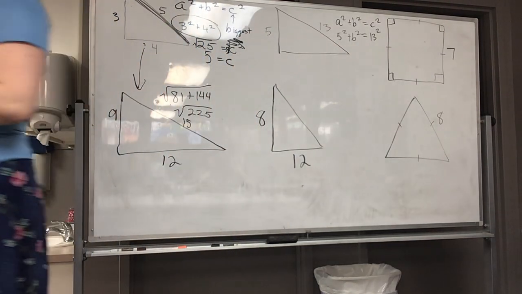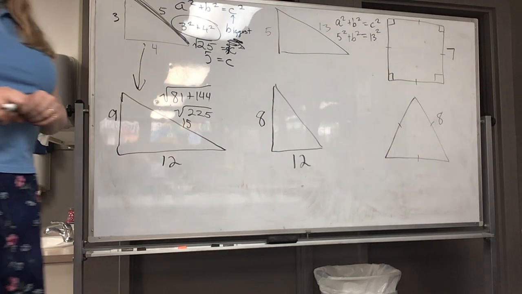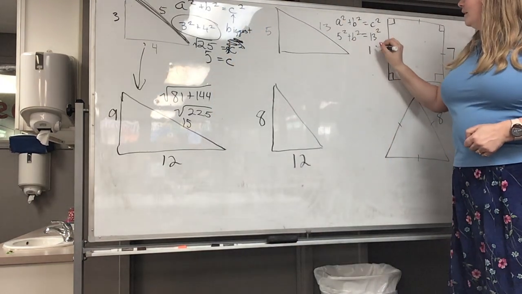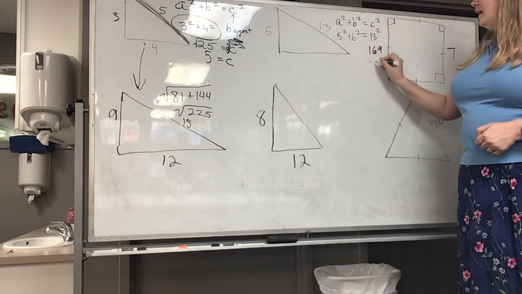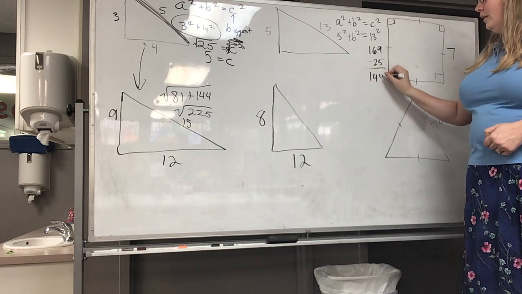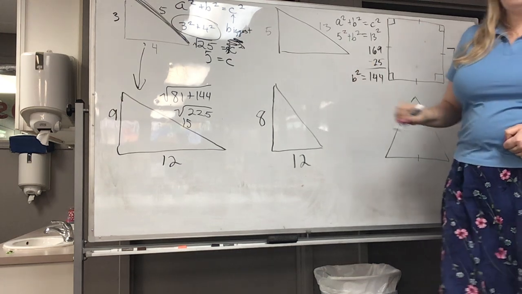We need to solve for the unknown. 13 squared is 169, I think. I don't have a calculator either. And we're subtracting 25, and we're left with 144 equals b squared. Ooh, we've seen that number before.